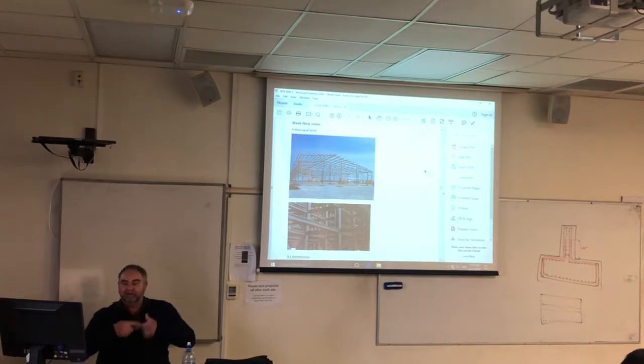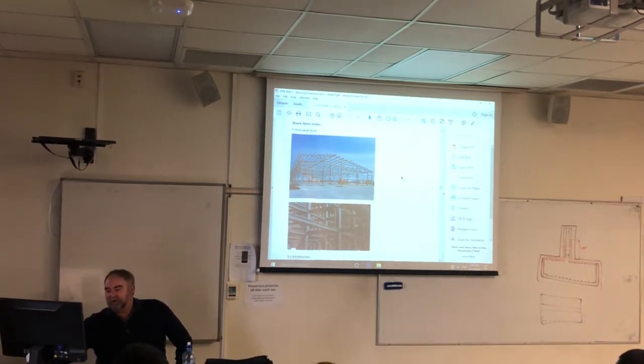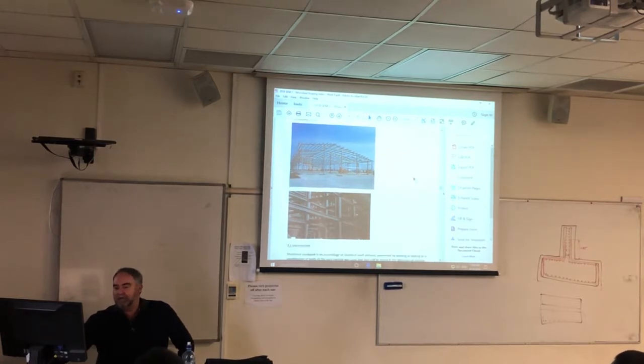So speed is what it's all about in the construction game. So yeah, that's one of the main issues. It's not necessarily cheaper than concrete, but definitely the speed issue is one that comes into play.